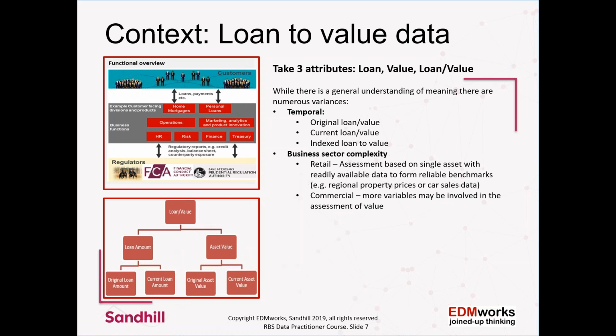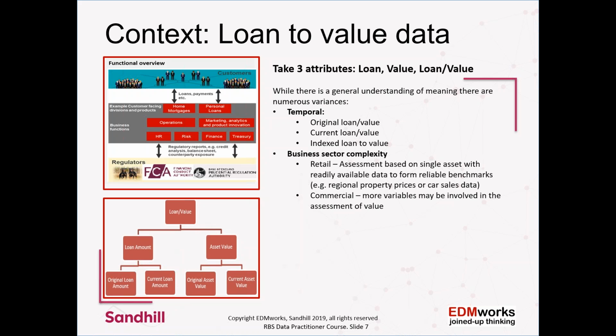So there are temporal factors. For example, there is the original loan to value. There may be an event that will cause them to have to go and get a current loan to value, because you may now want to build a huge extension on it. So they now need to reassess that. But more normally, the bank every month will have to reassess its overall risk, and it can't revalue every asset that it has loaned money on, so it uses indices.